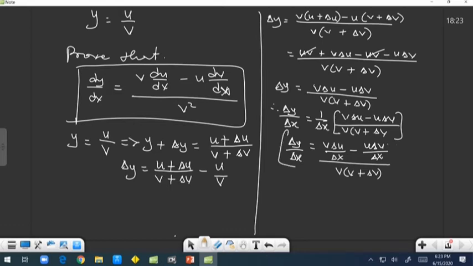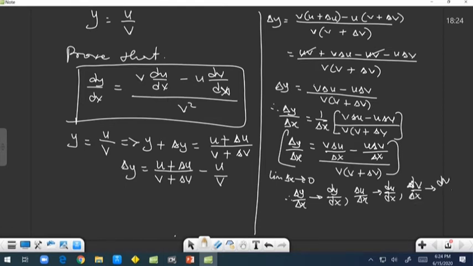We said limit as delta x approaches 0, that means delta y over delta x will approach dy over dx, and delta u over delta x approaches du over dx, and delta v over delta x approaches dv over dx.